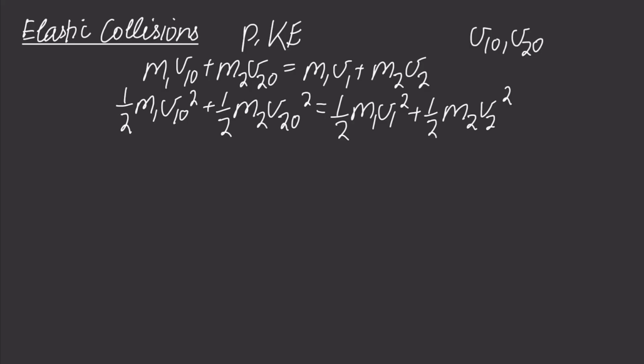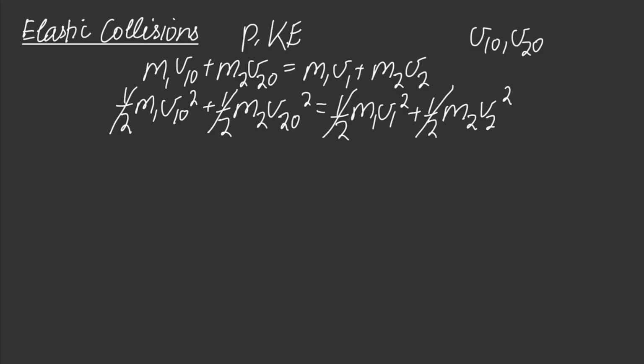It might look a little bit tedious right now, and I will say that it is kind of tedious, but once you do the math one time, you'll be able to do it many times after. In the kinetic energy equation, we can cancel out all the 1/2. So we're left with m1 v1 naught squared plus m2 v2 naught squared, and so on.